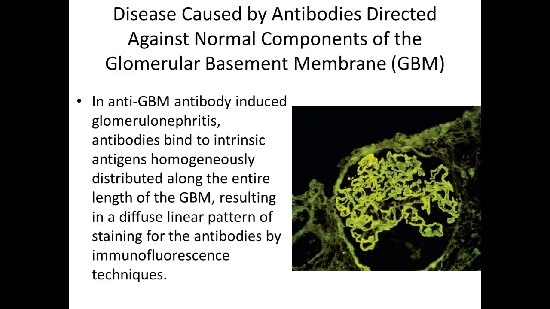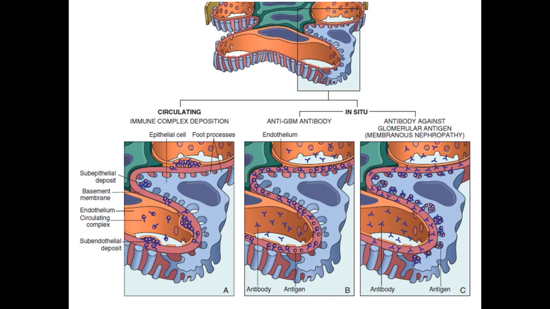And of course, the result is a diffuse linear pattern of staining for antibodies, which we can find under the immunofluorescence method too. How this antibody deposition looks, you can see here on the picture.